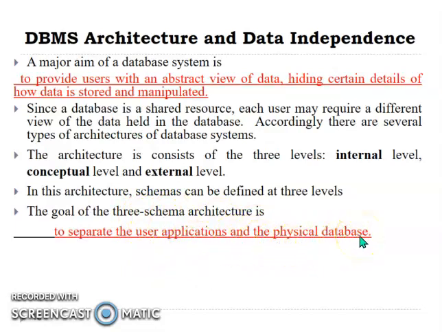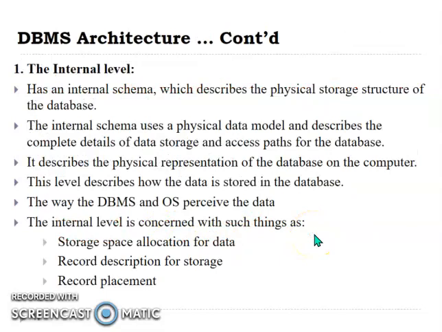That means separating the application or view level from the physical database, the place where the data is stored permanently. From the stored data, we can retrieve the data by using the application level. So the main goal is to separate the application and the physical level.